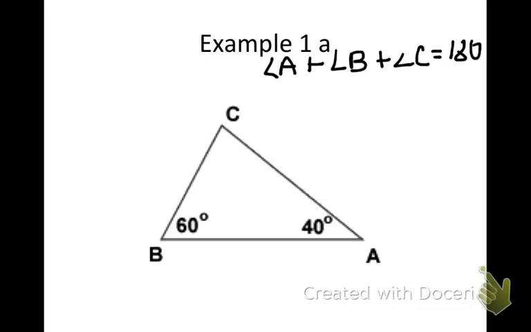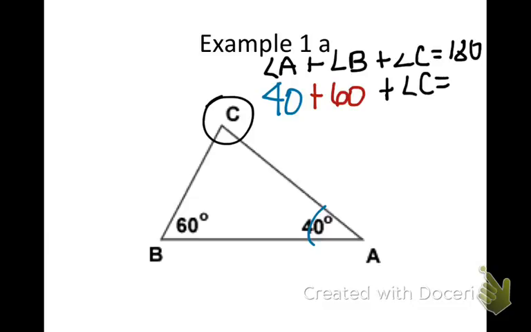I know angle A. So I'm going to look at angle A. Angle A is 40 degrees. I know angle B is 60 degrees, but I don't know what angle C is, so that's what we're trying to find. So plus angle C must equal 180 degrees.